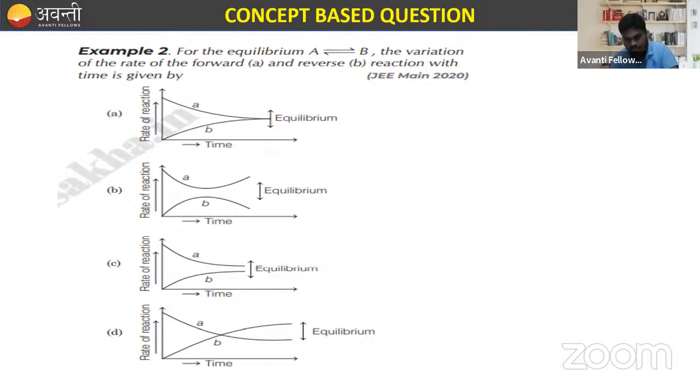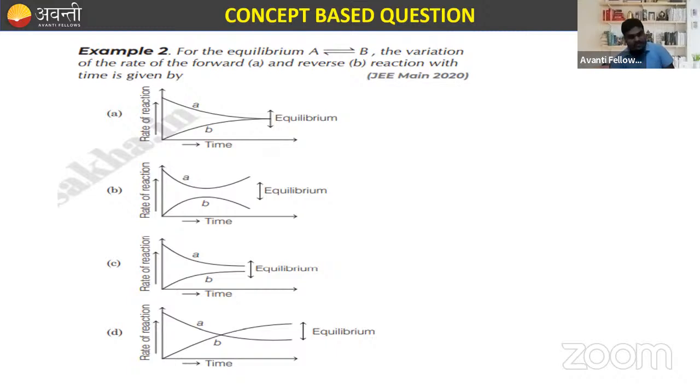So you have to identify which of the following graphs is correct. For the equilibrium from A to B, the variation of the rate of forward and the reverse reaction with the time is given by. So from the graphs A, B, C, and D, which graph will be correct?